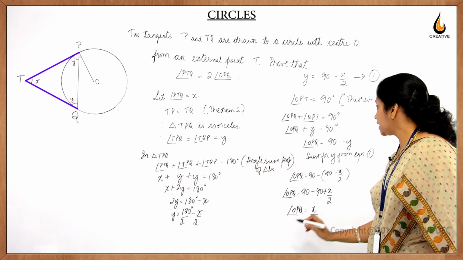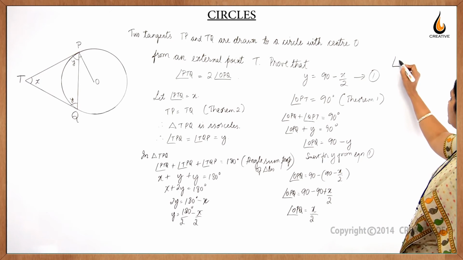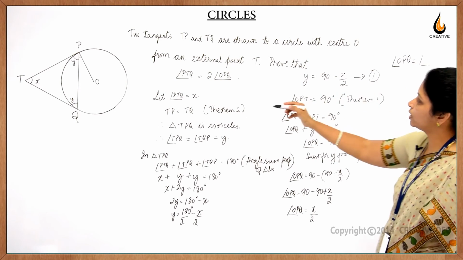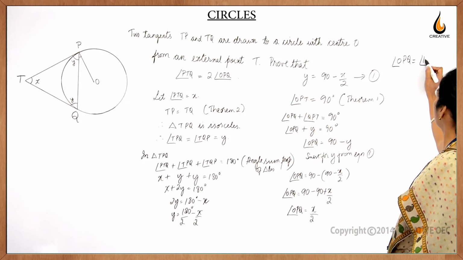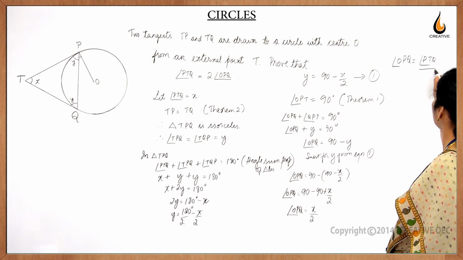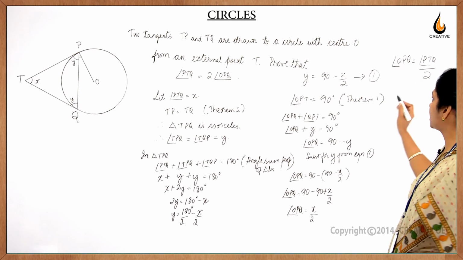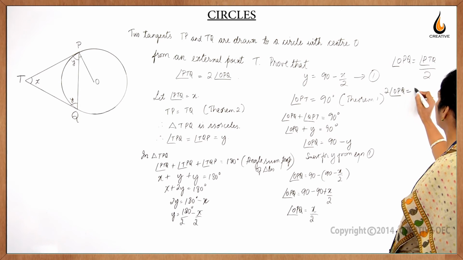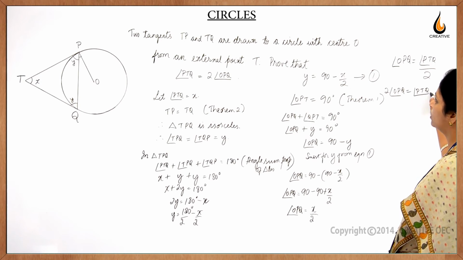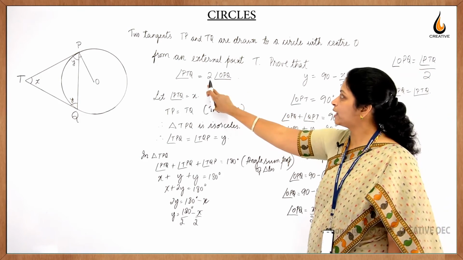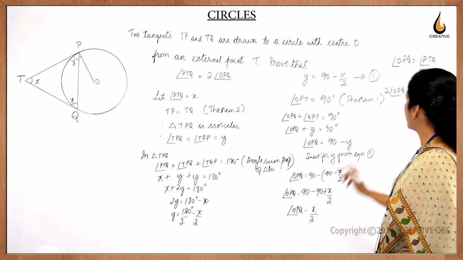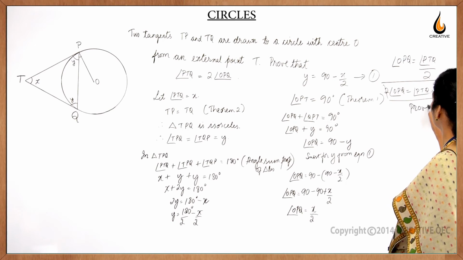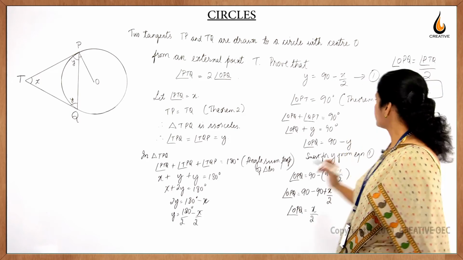So, we can say that this angle OPQ is equal to angle, for x we will write PTQ, angle PTQ by 2, or if you take 2 to the other side, we will get twice angle OPQ is equal to angle PTQ, and that is only what we have to prove. Twice angle OPQ is equal to PTQ. So, this is what we have to prove, and the given question is proved.